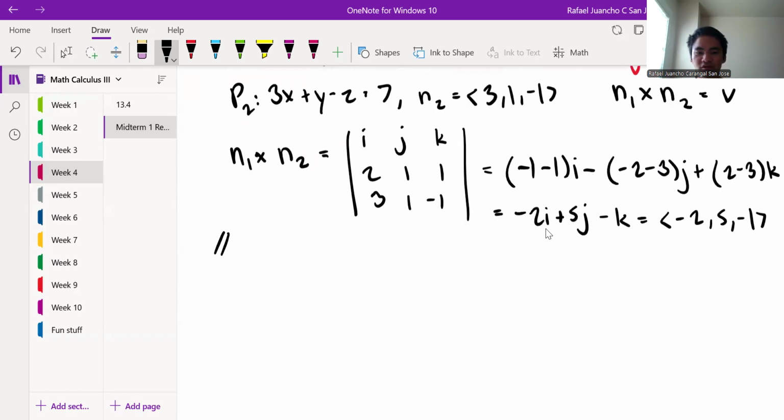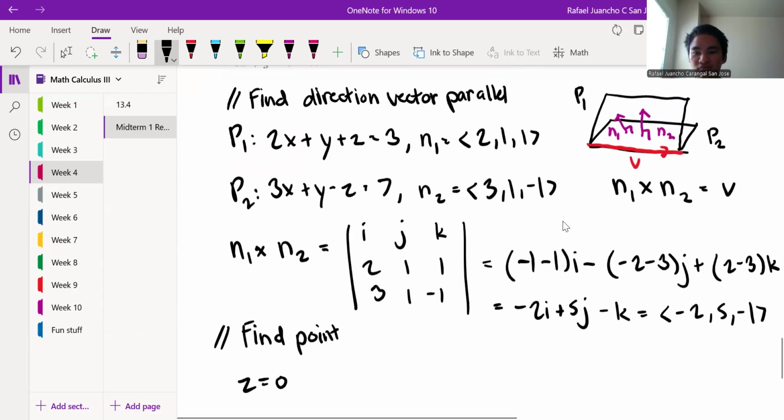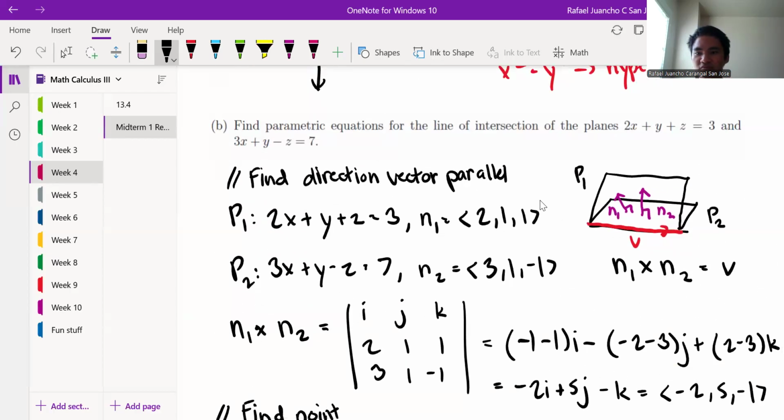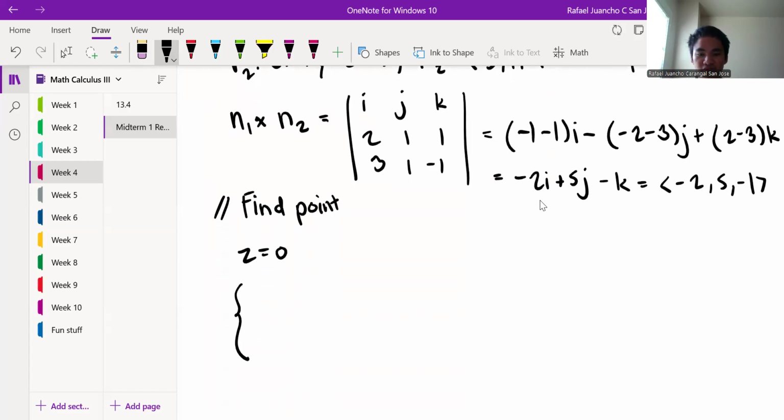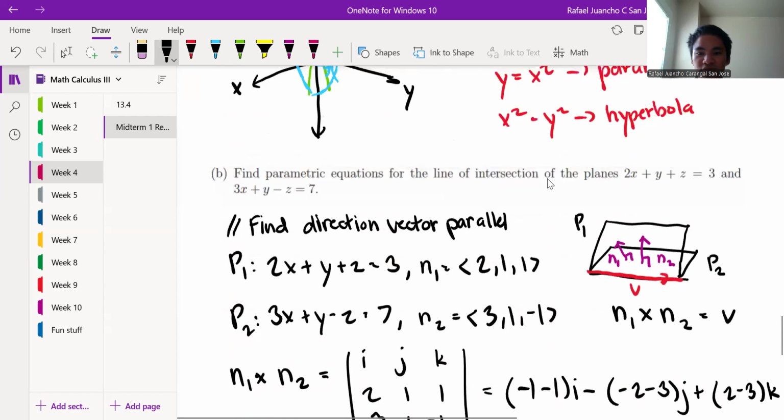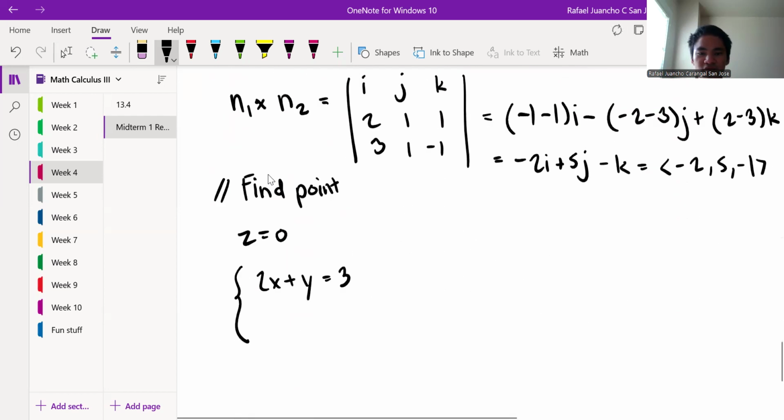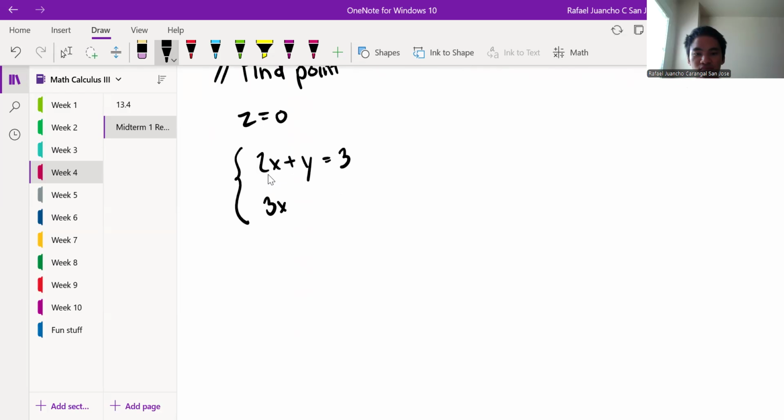So now we need to find a point. Maybe we can say z is 0, right? And so we have 2x plus y equals 3. We have this system. And my other one is 3x plus y equals 7. And then from there, I just compute.